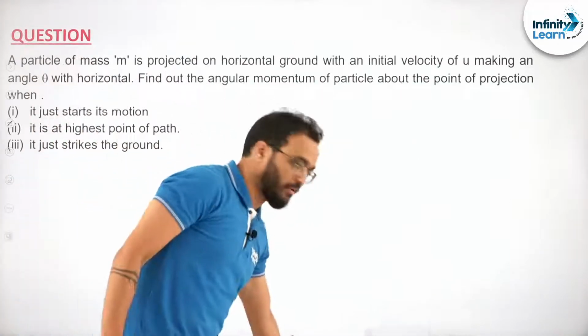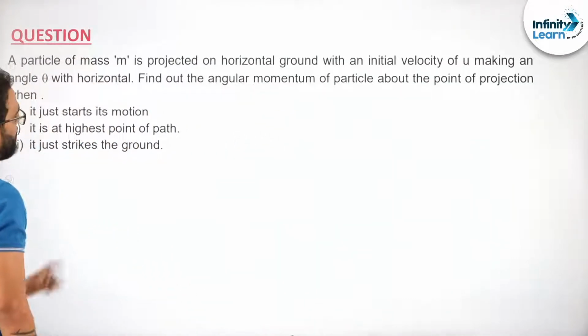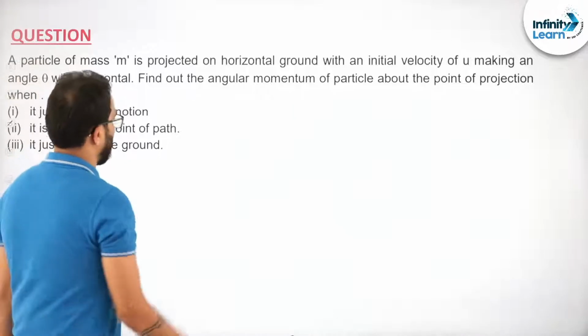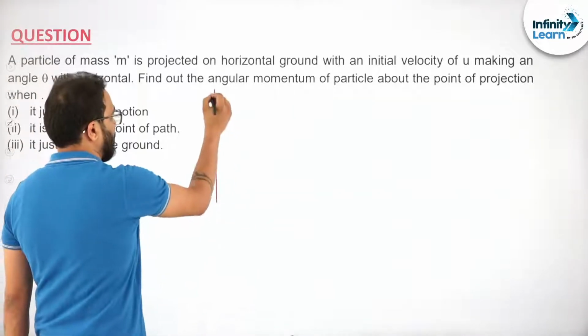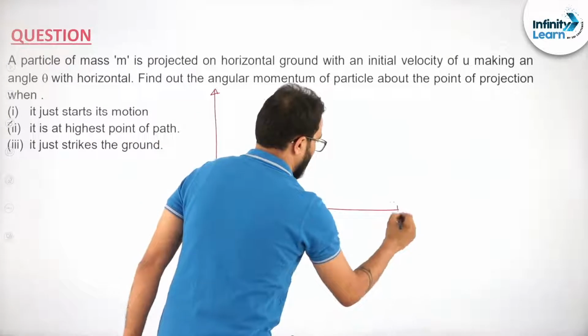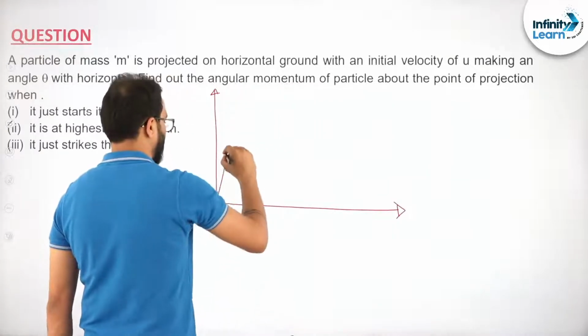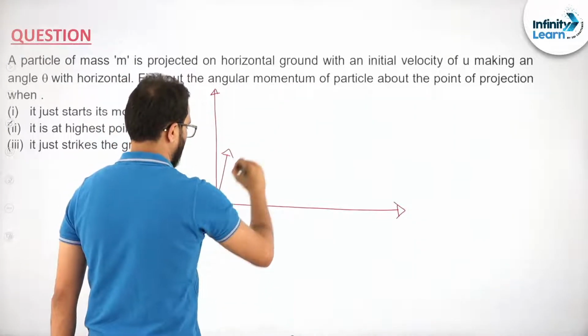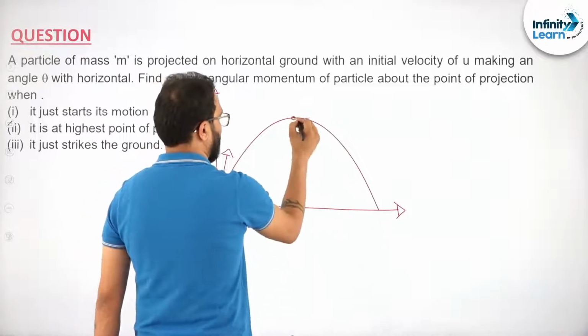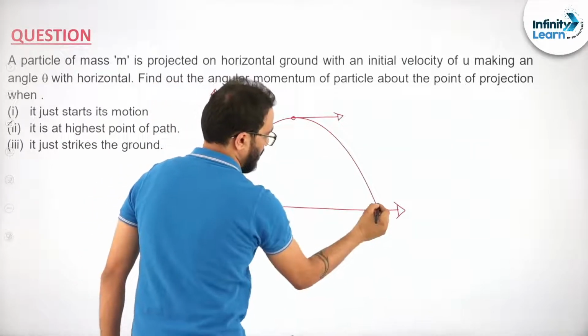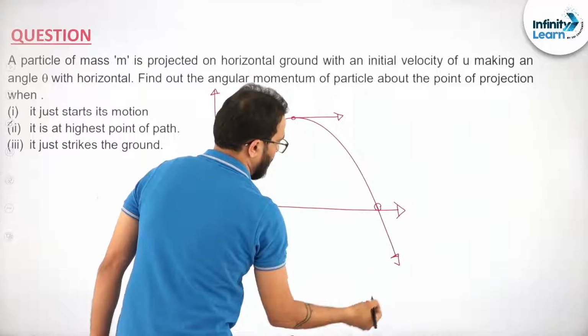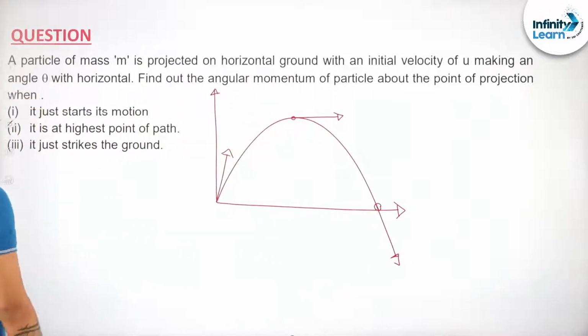Okay, so there's a question given to us. A particle of mass small m is projected on the horizontal ground with initial velocity. Fantastic. You can read the question. Pause the video, read the question, no issue. Okay, so these are the three positions they have asked.